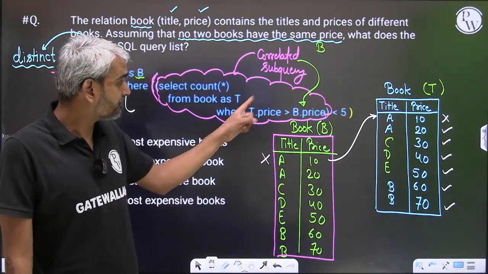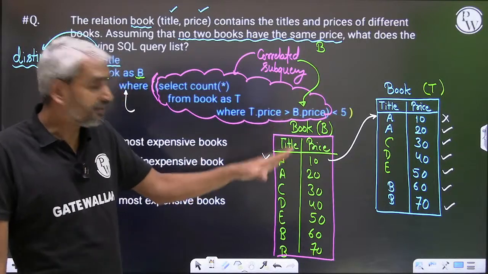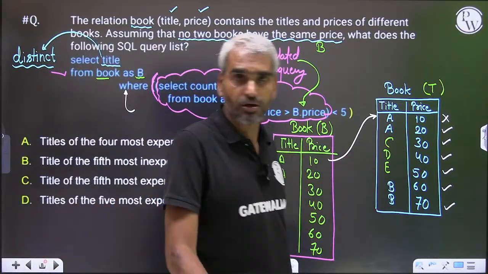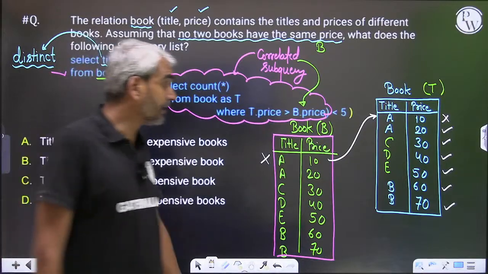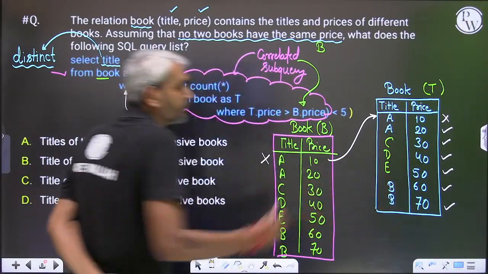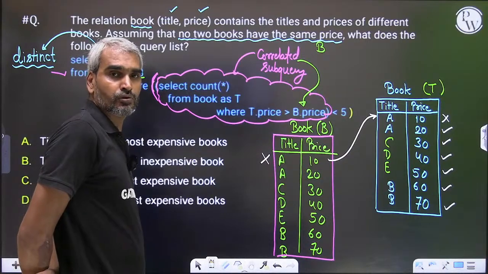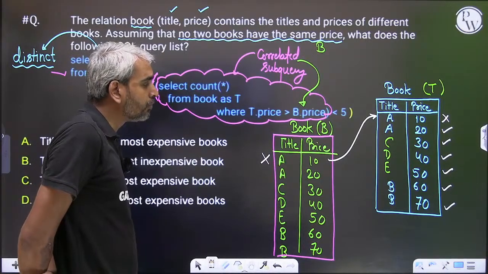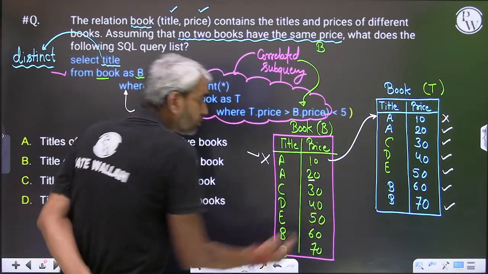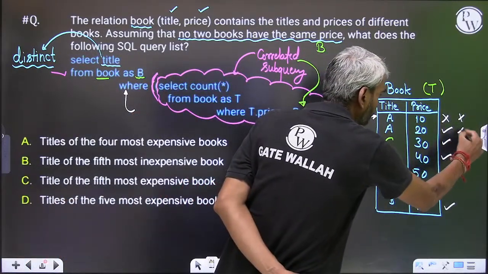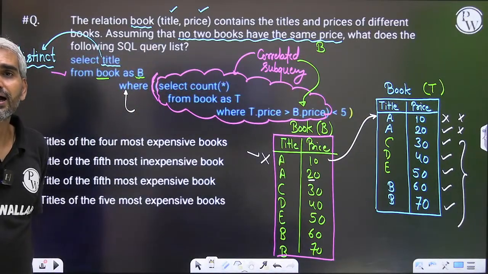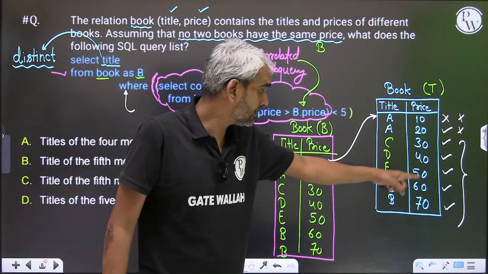All the prices are different, that's for sure. So if I say 20, there are 6 books whose prices are more than the price of book A. Similarly, with respect to 20, this will be false, but still there are 5 books: 1, 2, 3, 4, 5.